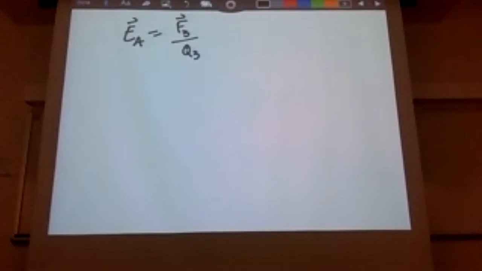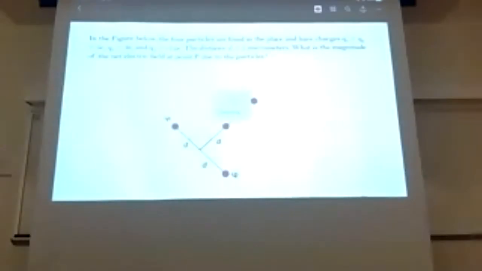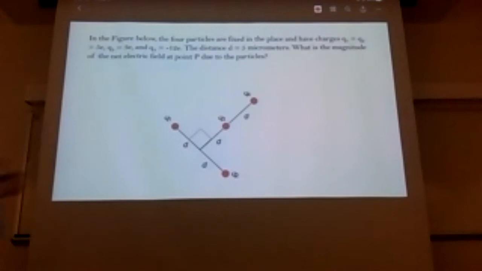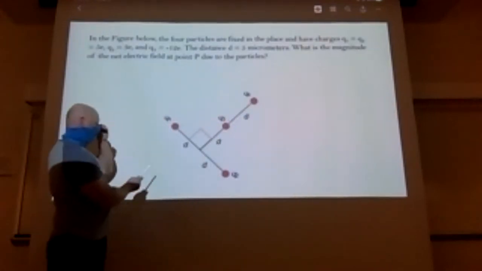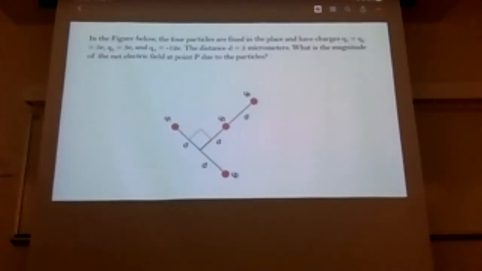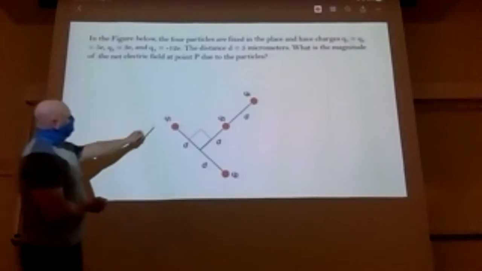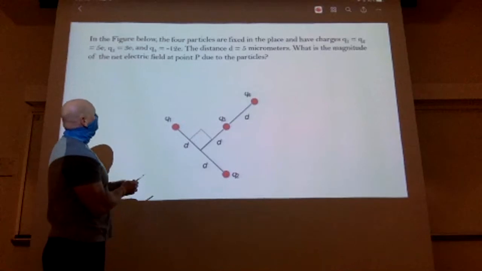Let's do another example. So the next example, this was 5, let's go to 6. In this figure, we have 4 charges. We have Q1, Q2, Q3, and Q4, where D here is the distance of 5 micrometers, where Q1 and Q2 are both the same, so they're equal to 5 times e, where again, e is the fundamental charge.